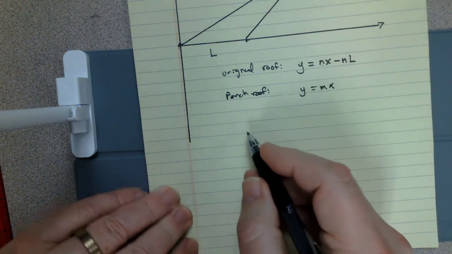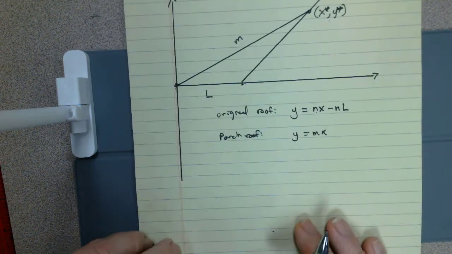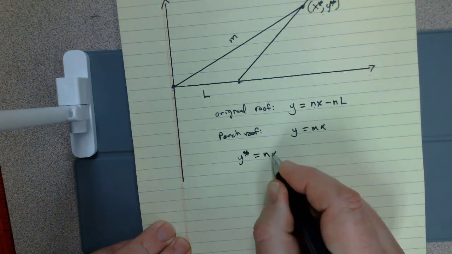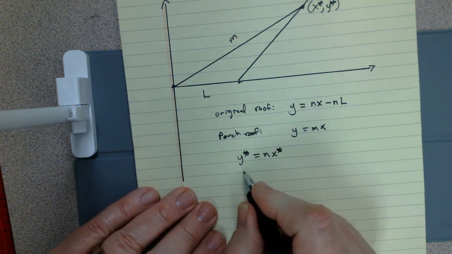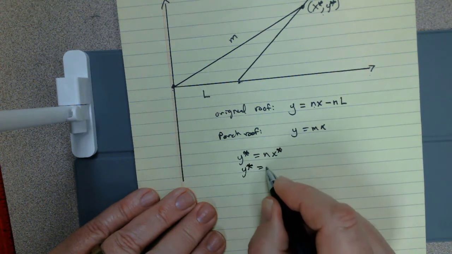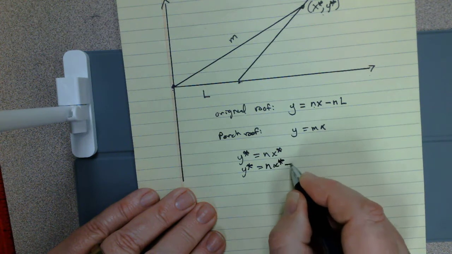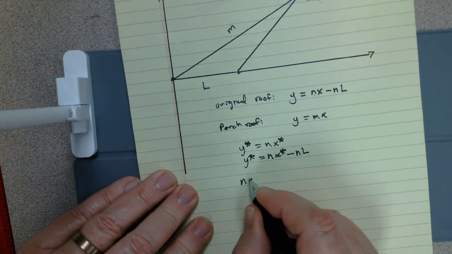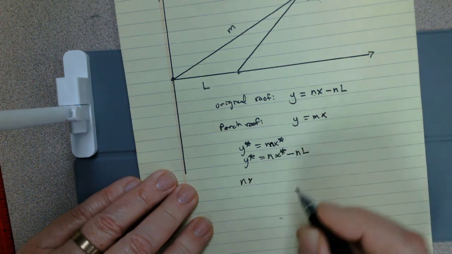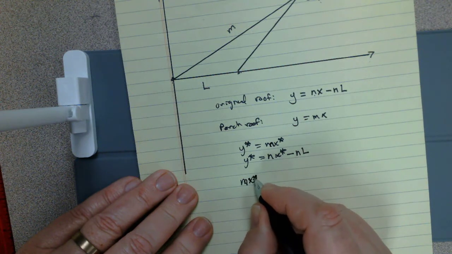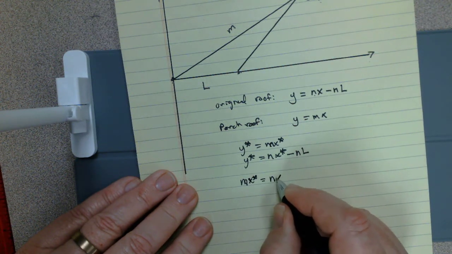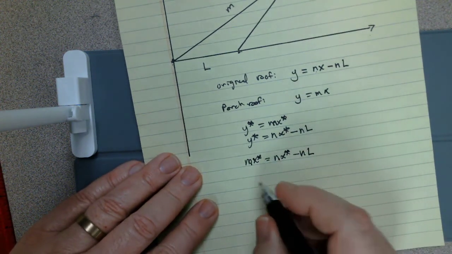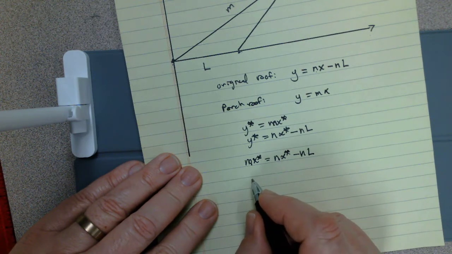At this point of intersection, my y star is equal to m times x star, and also my y star is equal to n times x star minus n times L. And so my m times x star is equal to n x star minus n L. I can do a little messing around with this.